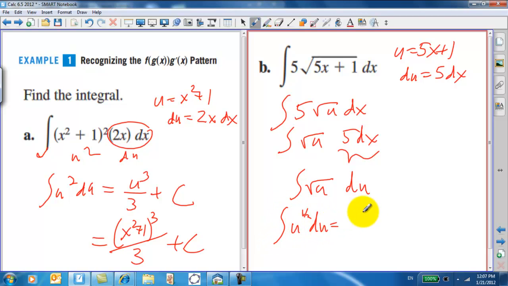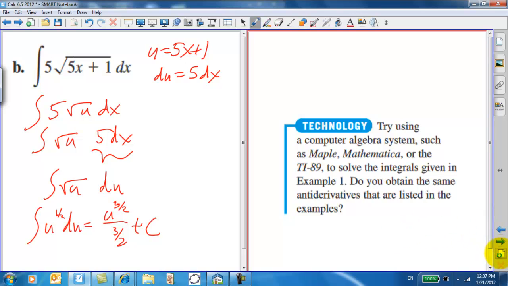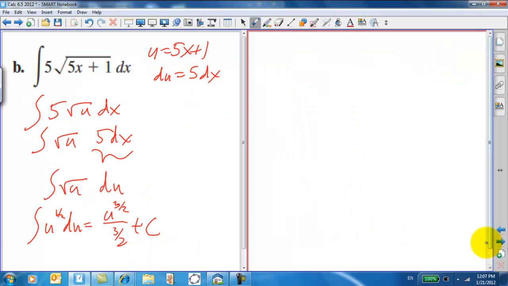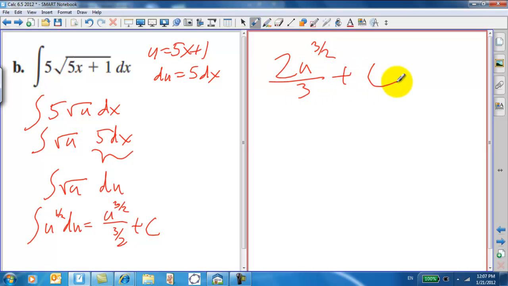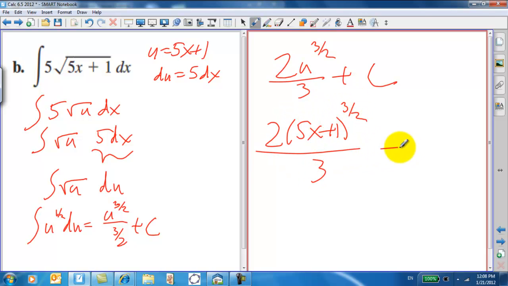So we can take the antiderivative of this: u to the 3/2 over 3/2 plus c. And then you can wrap up by calling it 2u to the 3/2 over 3 plus c, and then unsubstitute the u. Replace the u with 5x plus 1, to the 3/2, over 3 plus c.